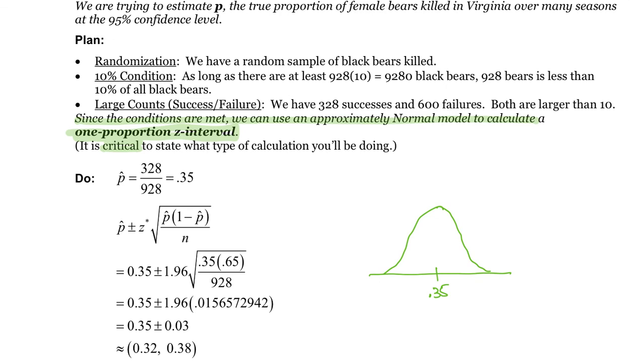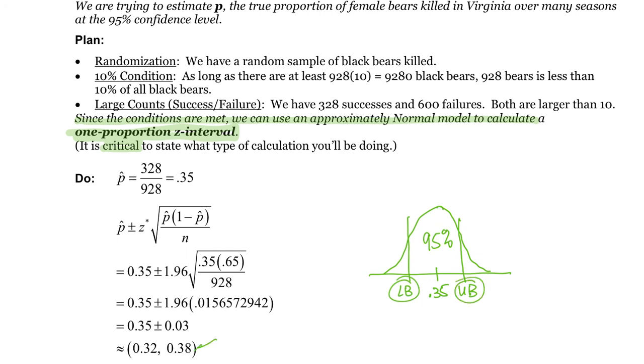The other thing I wanted to point out is that this does not show the normal curve. You should still be showing the normal curve for this problem. And this is just to show that I understand I'm looking for that 95% range. I'm looking for my lower bound and I'm looking for my upper bound.